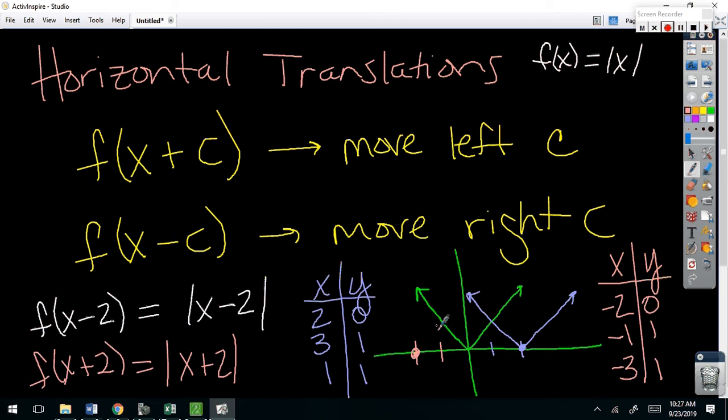So it's shifting it that way. It's the opposite of what you'd think it's doing. So when you add to x, you're shifting left. When you subtract from x, you're shifting right. Does that make sense so far? You would think it would be the other way.